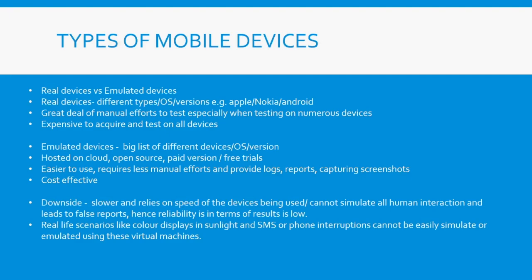But with emulated devices, which are hosted in the cloud, all you need to do is open up a list of the devices that you want to run your test against, load up your test cases on them, and then run the test cases against them. On a click of a button you generate your reports and all your logs.